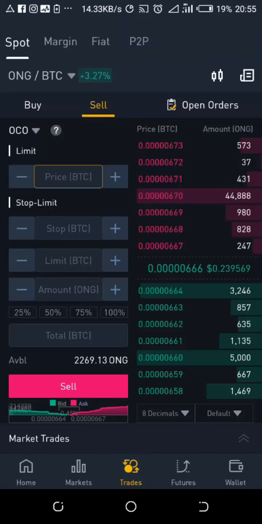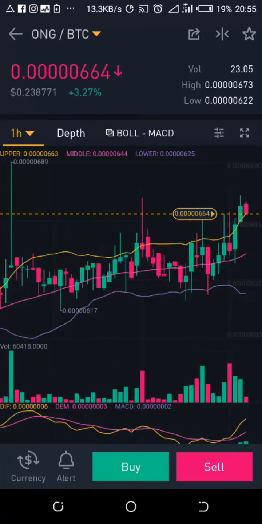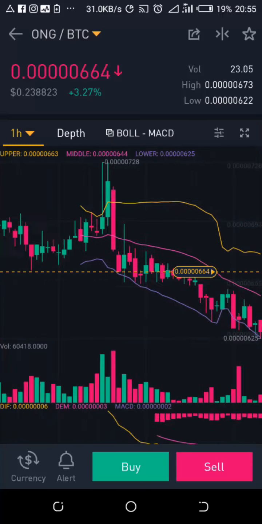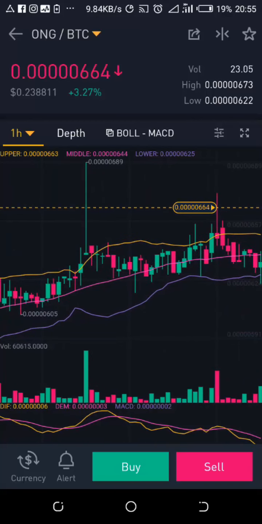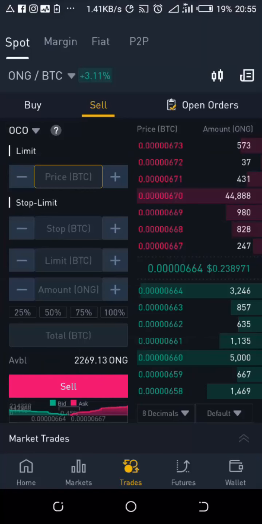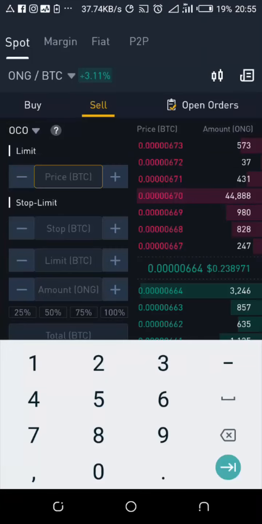So if we check the chart again, you see that the nearest high here is 689 SAT. Okay, so we go ahead and say, if it reaches up to this 689, let's say 690 SAT, it should sell off and we make a profit.